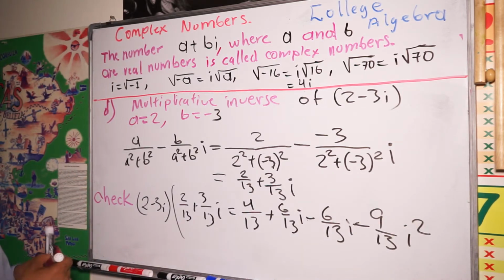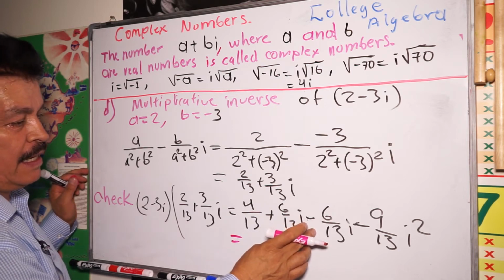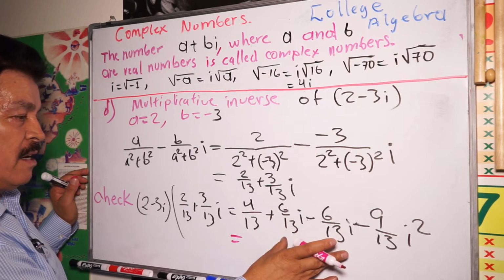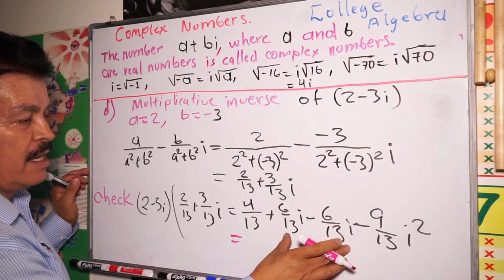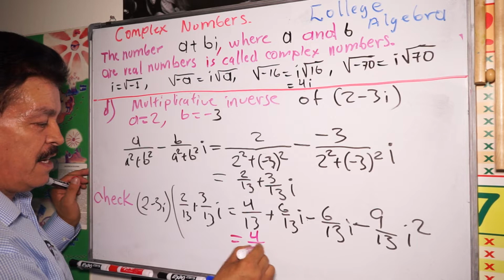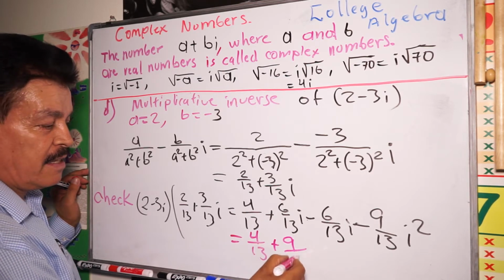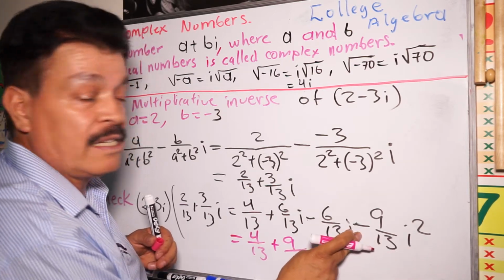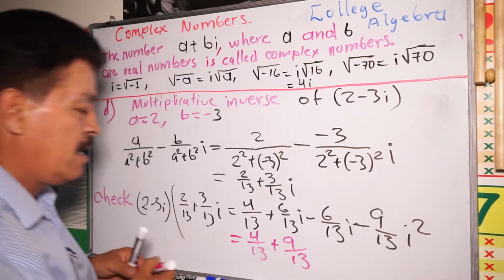You simplify this. Remember, you have negative here. Negative and positive is 0 right here: 6/13 i and minus 6/13 i is 0. And then you are going to have 4/13 plus 9/13. Remember, it's the same thing to multiply this negative by negative 1, since i squared equals negative 1.